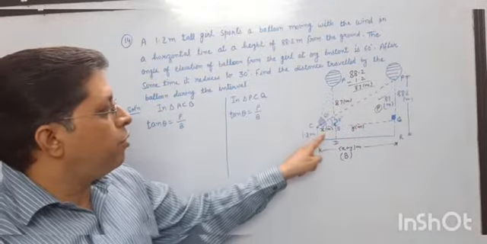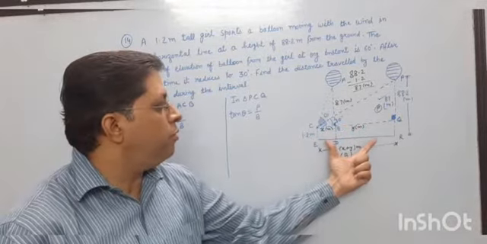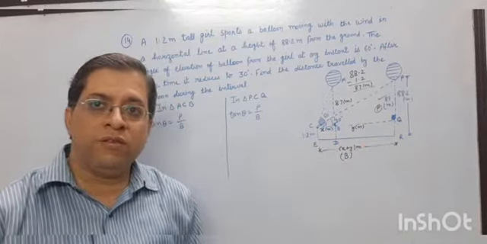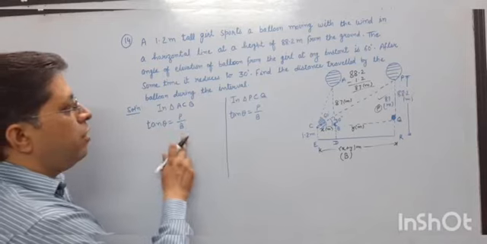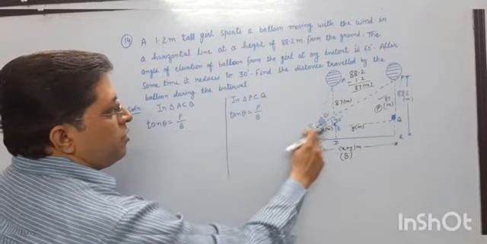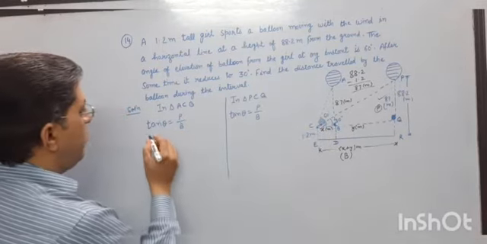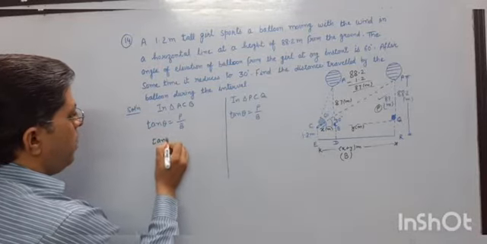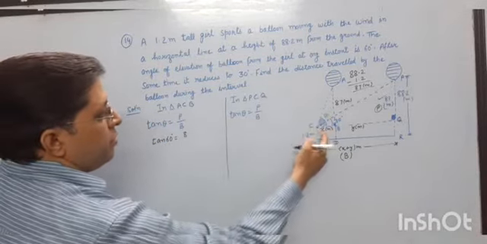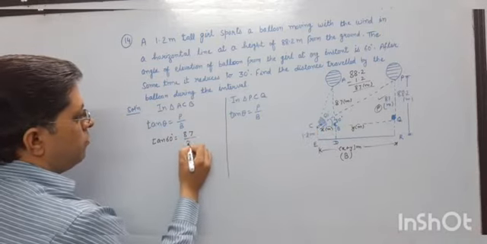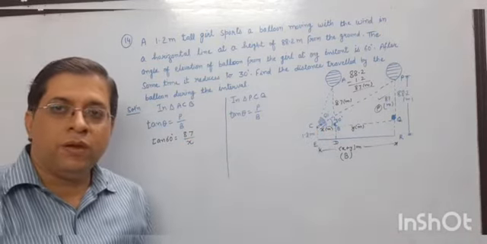Then perpendicular upon base, and perpendicular upon base. In triangle ACB, tan theta is equal to, in triangle ACB, this is your 60 degrees. Tan 60 degrees: perpendicular is 87, base is x. Clear?